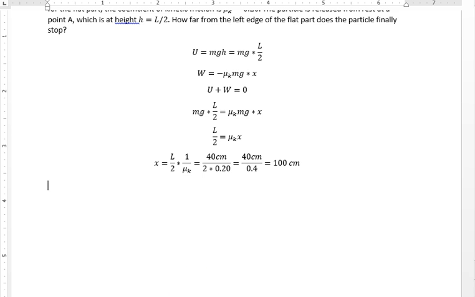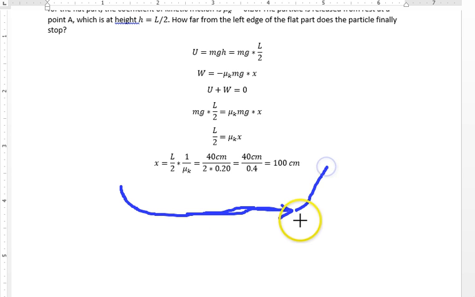What does that mean? That means it came down, it made it all the way across, that's 40 centimeters, went back up, it came down, it made it all the way across, that's 80 centimeters, it went up, came back down, and it went 20 centimeters.